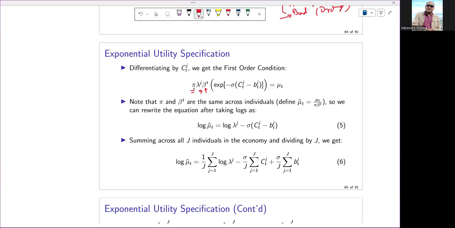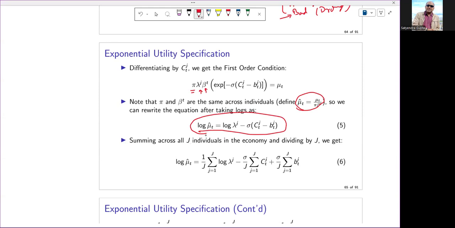So we can take this pi and beta on the other side, and you will have a new variable that we define by mu hat, that is mu over pi beta raised to power t. And once we take them on the other side and also take log on both sides, you will have a relatively simple equation that says log of mu hat is equal to log of lambda j minus sigma, and all these things.